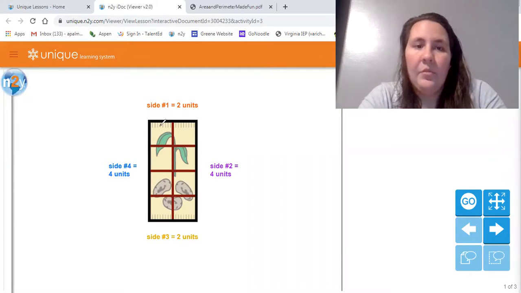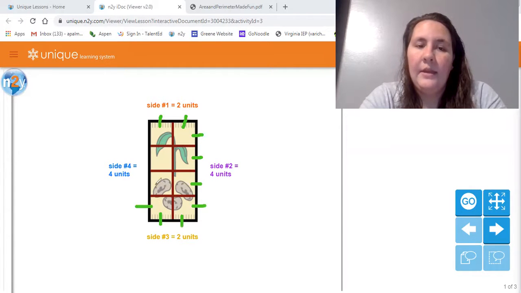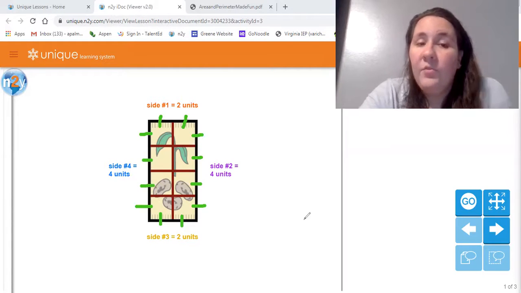Are you ready? 1, 2, 3, 4, 5, 6, 7, 8, 9, 10, 11, and 12. So this has a perimeter of 12. So we would write that as P for perimeter equals 12.